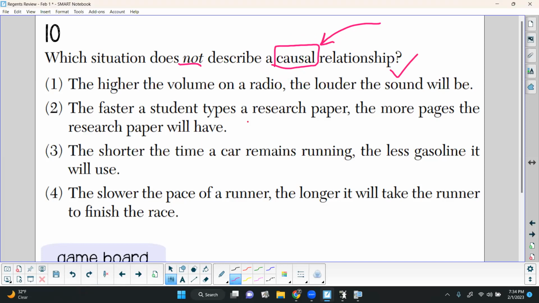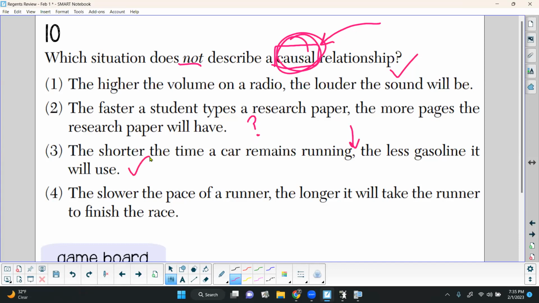I'm not so sure, so I'll come back to this one. Number 3, the shorter the time a car remains running, it causes less gasoline to be used, right? So I'm using that word, to cause, right where the comma is. The shorter the time a car is running, it causes less gas to be used.